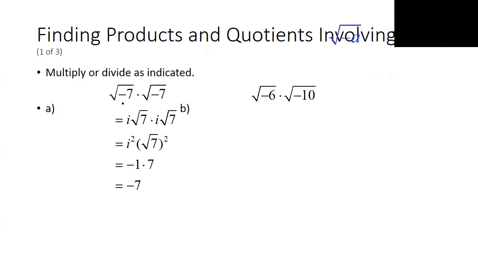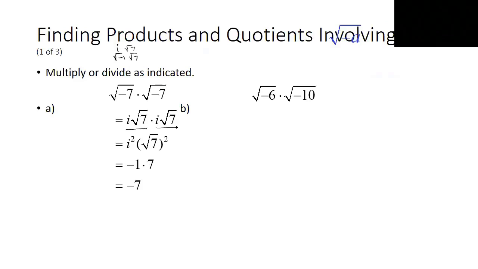So I can replace this with i radical 7, because remember, this is the square root of minus 1 times the square root of 7. This would be i, and that would be square root of 7. So it would be i radical 7.